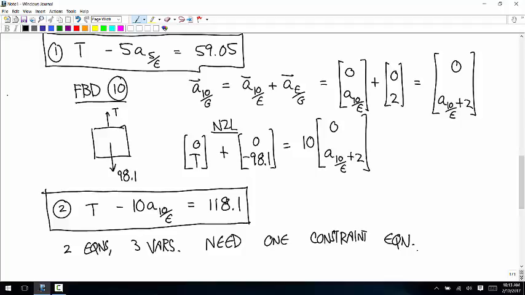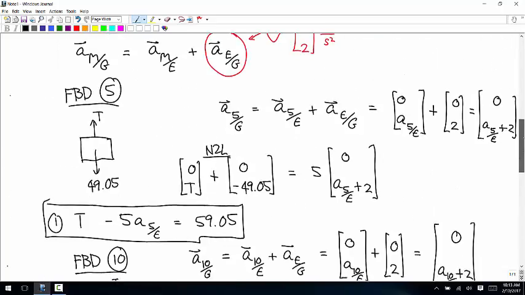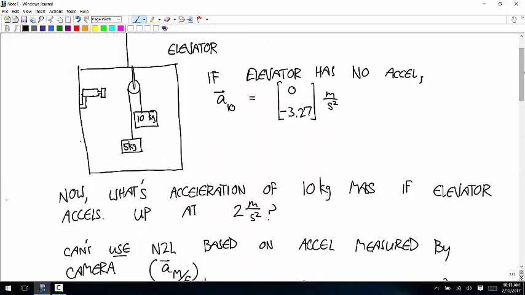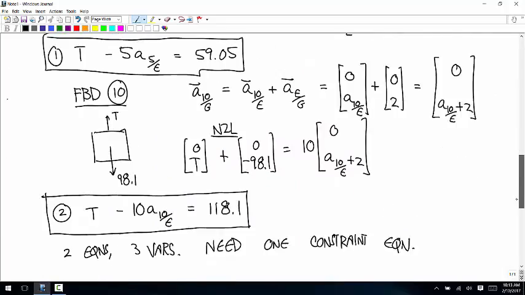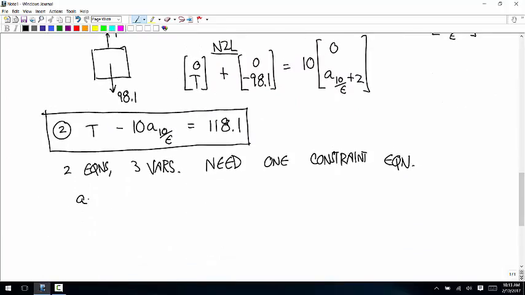Yeah, the rope stays the same length. So inside the elevator, according to this camera, when this goes down an inch, this goes up an inch. And so there's an equal and opposite relationship between displacements and velocities and accelerations. And so that relative acceleration A5E is equal to negative A10E.